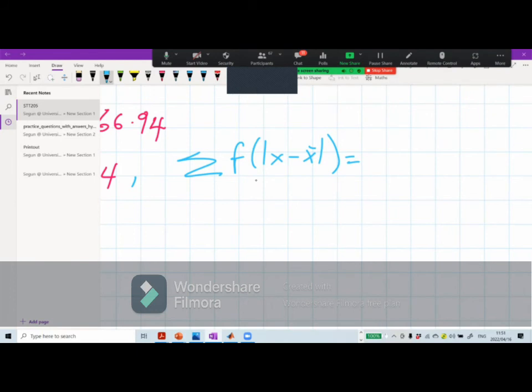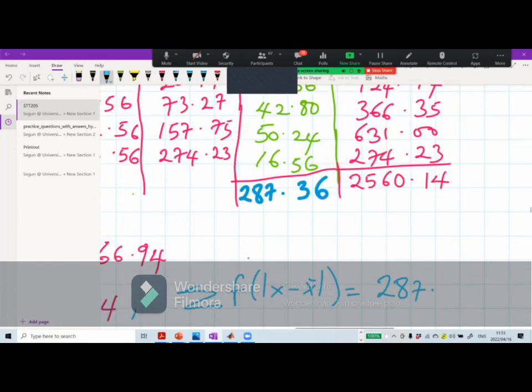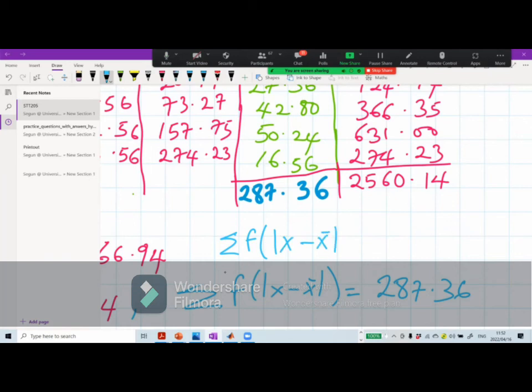It is from X minus X bar in the modulus, the absolute value. Thank you, sir. You're welcome, ma'am. Okay, and we have summation of 2560.14.